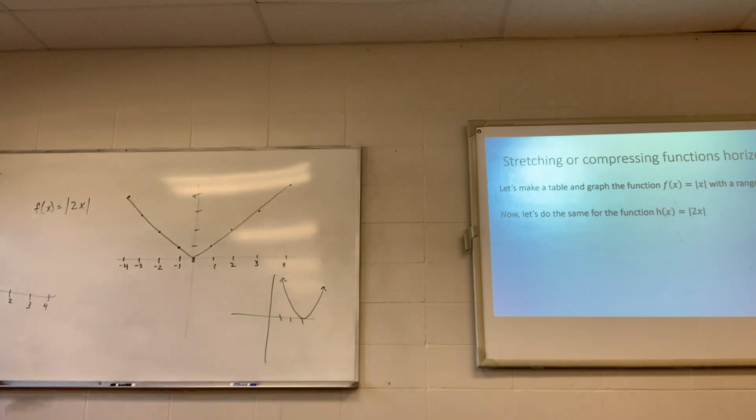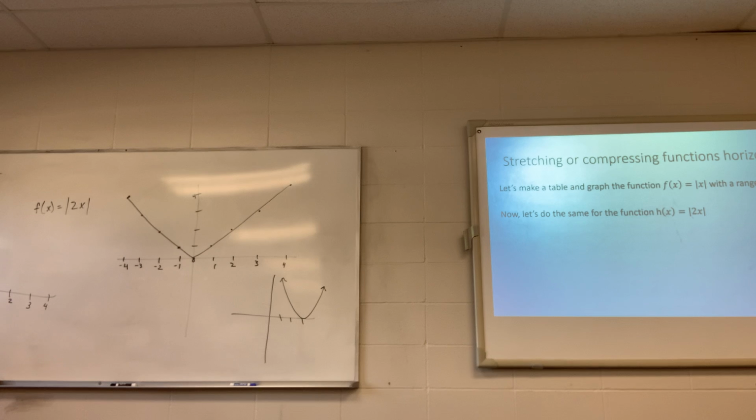Mackenzie, what do you think for this one? Yeah, it's going to be 6. So negative 3 times 2 gives me negative 6. If I take the absolute value of that, it's going to give me 6. What about for negative 2, Faith? What do you think? 4.